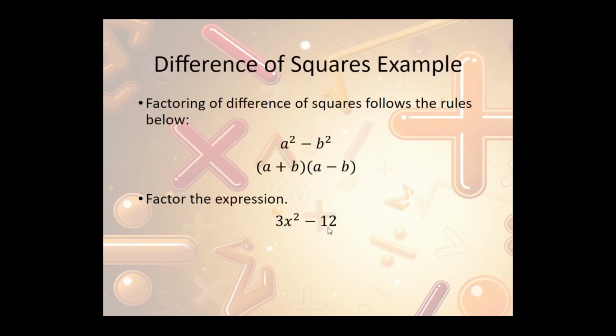Well, 3 is a factor of both, so let's go ahead and factor that out. 3x squared divided by 3 is just x squared, and negative 12 divided by 3 is negative 4. Now we have this 3 here, and we have a difference of squares inside the parentheses, so we can factor that. This is really x squared and 2 squared, so this would be x plus 2 times x minus 2. So this becomes 3 times x plus 2 times x minus 2.